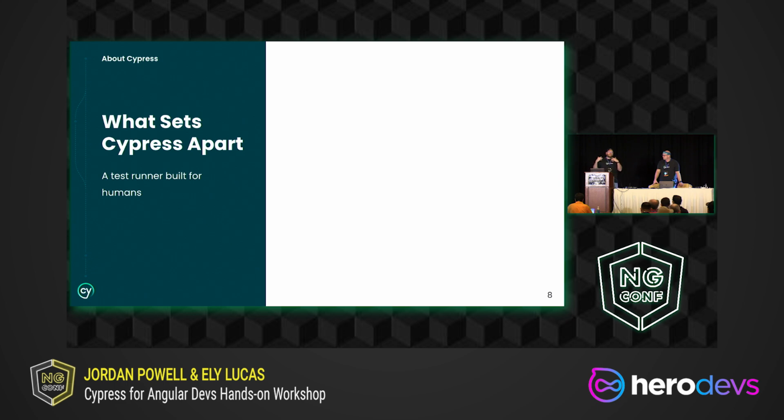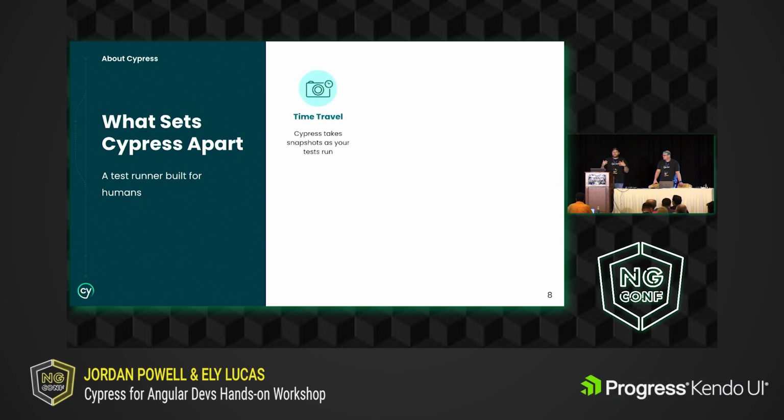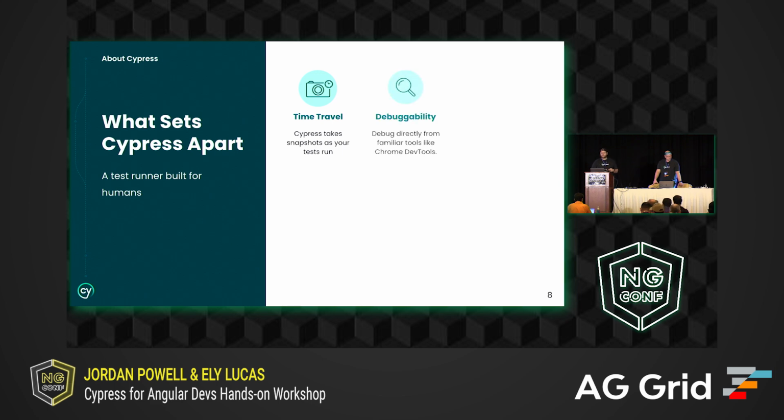So what sets Cypress apart from other testing libraries? For one, it provides time traveling. Cypress takes snapshots as your tests run, something that I have found very helpful. This is probably one of my favorites: you get debuggability, which is a hard thing to say, really fast a lot of times.